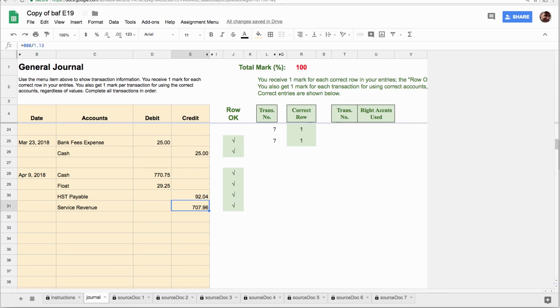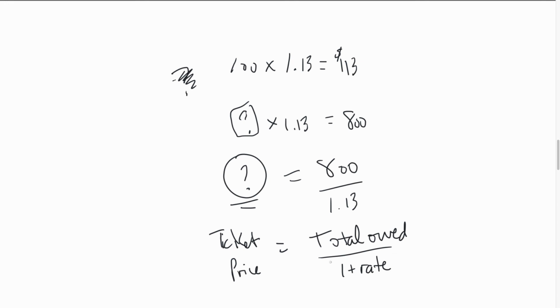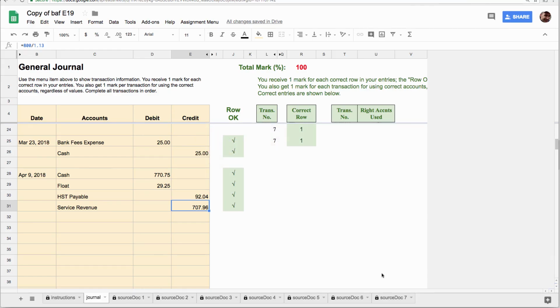That's a tricky question. So remember this formula. And if you want it in words, ticket price is going to equal total owed, or you could also say the amount after tax. So the pre-tax amount equals the amount after tax divided by 1 plus the tax rate. That's it. And that is how you finish this activity.